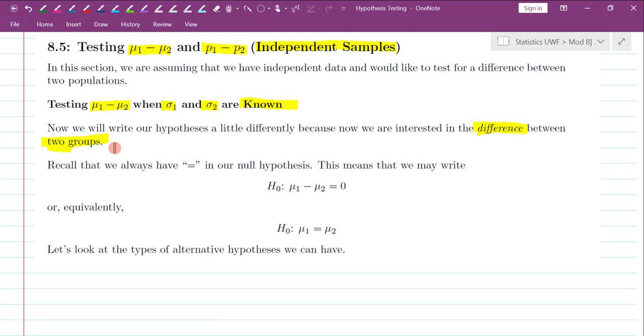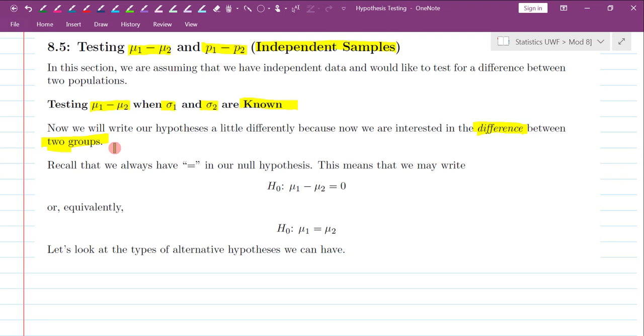So mu1, population 1, could be represented by the dogs, and population 2 could be the cats. Or maybe I want to see the heartworm effectiveness of a product comparing a small breed to a large breed. Maybe I think that the effectiveness when it comes to the terrier breed is different compared to, let's say, Great Pyrenees and other large breeds.